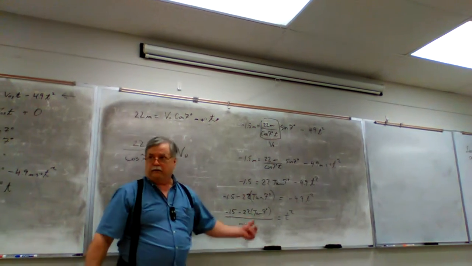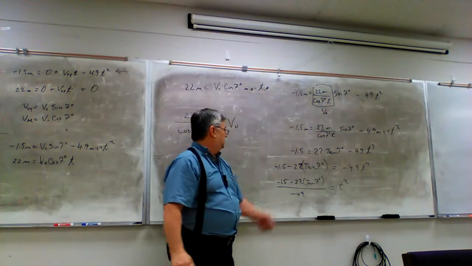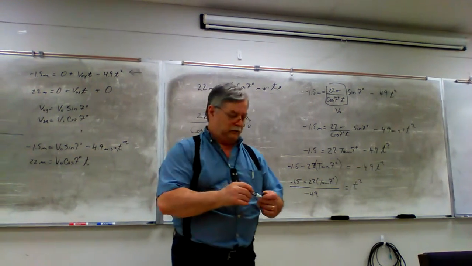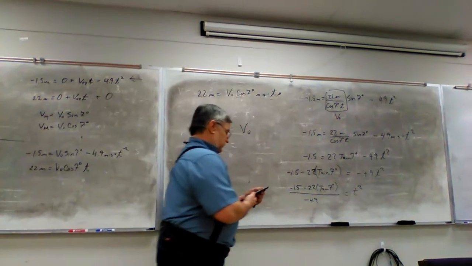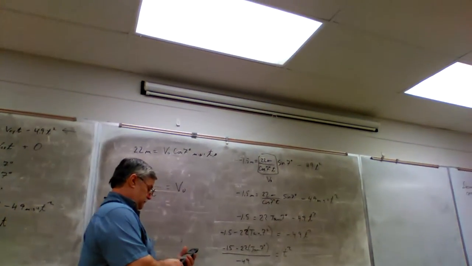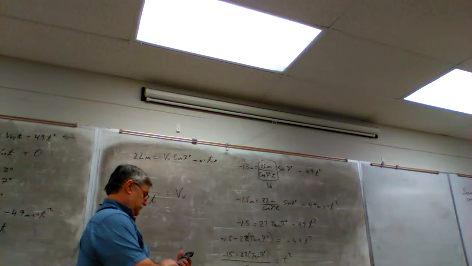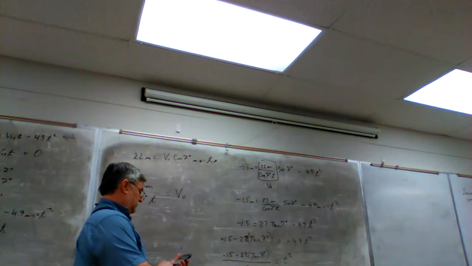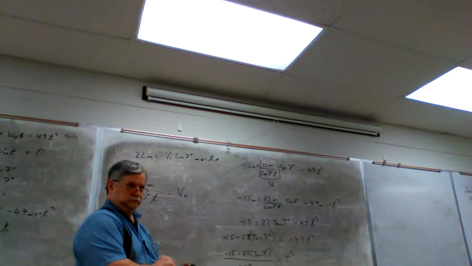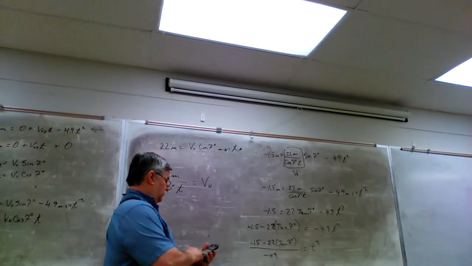Somebody with a calculator, find minus 1.5 minus 22 times tangent of 7 degrees. Okay, then let's try that again.